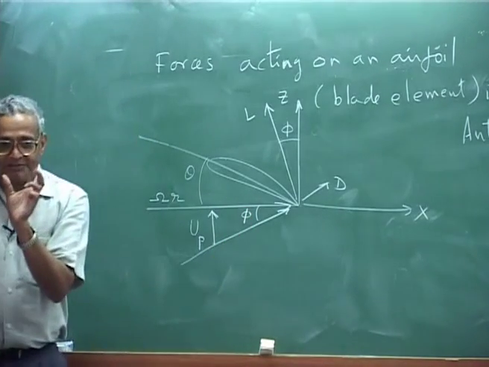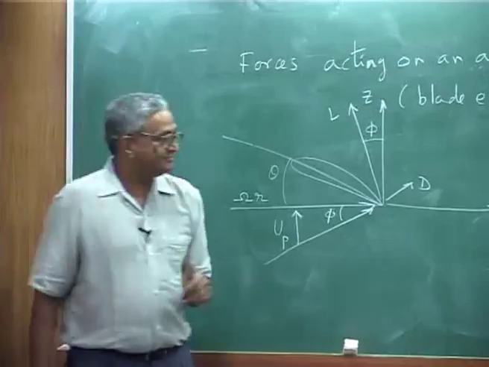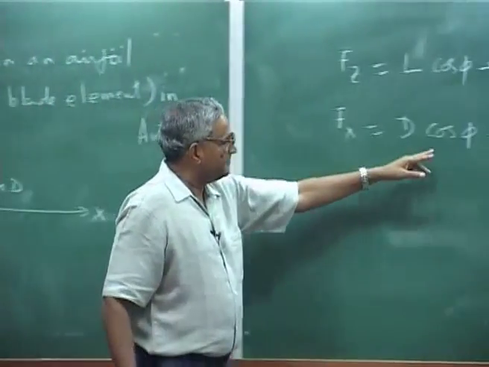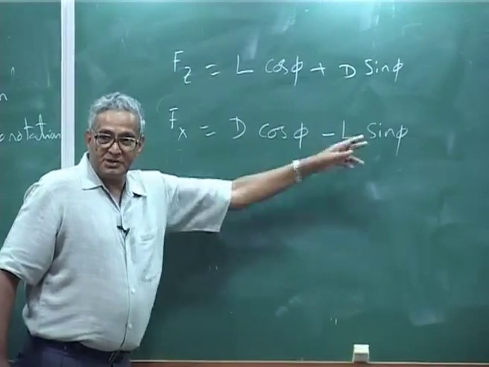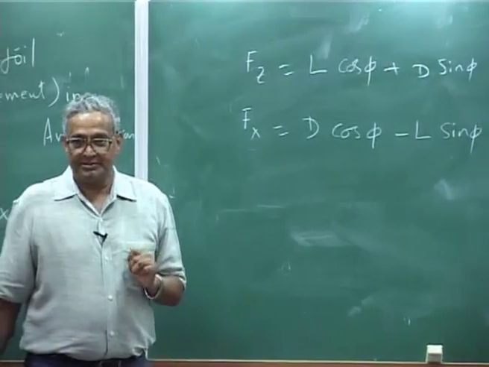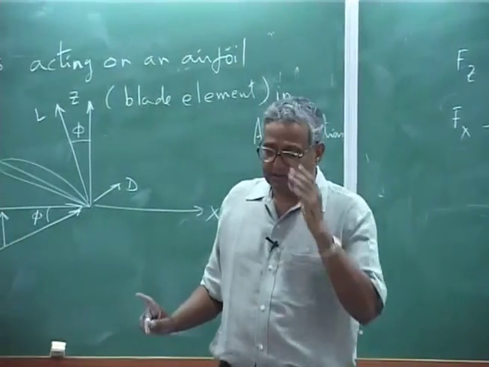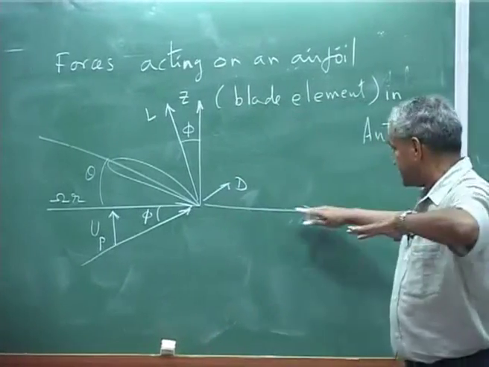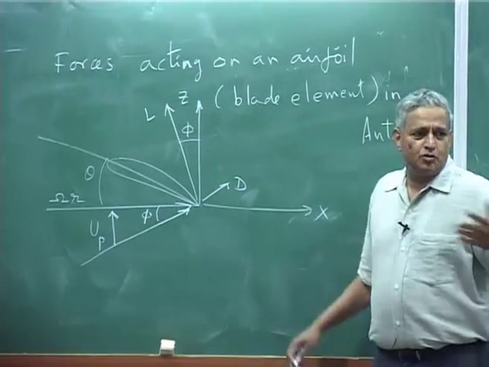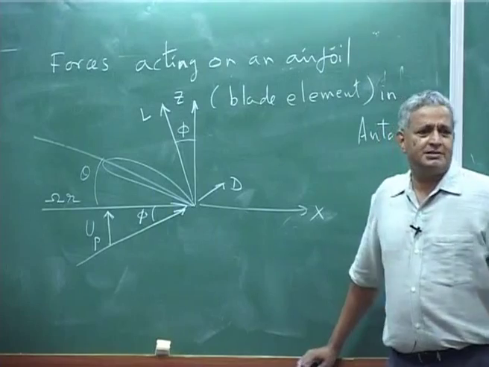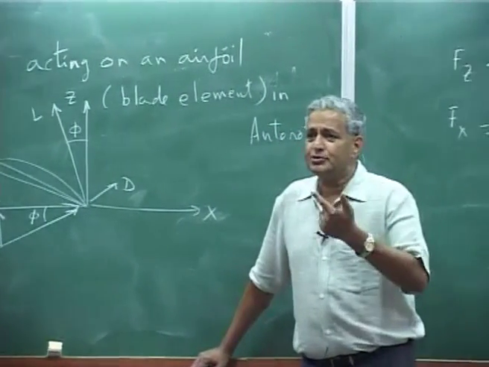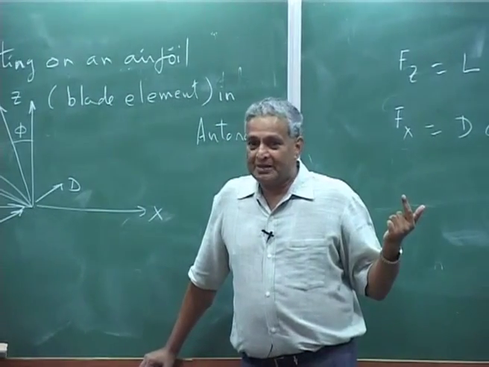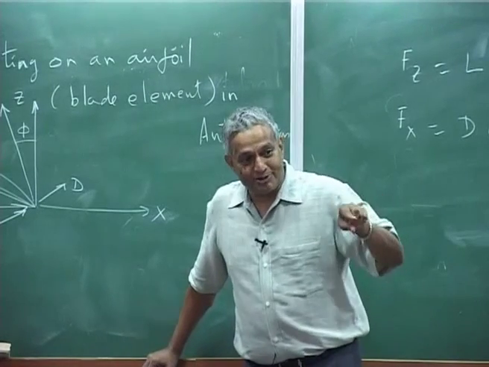So, there is a particular angle phi at which this quantity is 0. That means there is no force acting on the airfoil in the x direction, x is this. When you have no force, whatever velocity it has, it will continue to have that velocity, and that is the condition for autorotation.